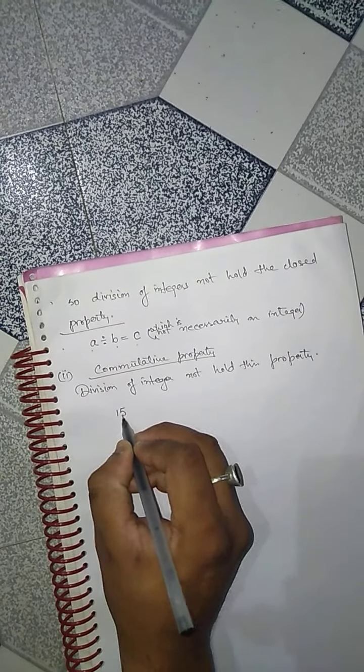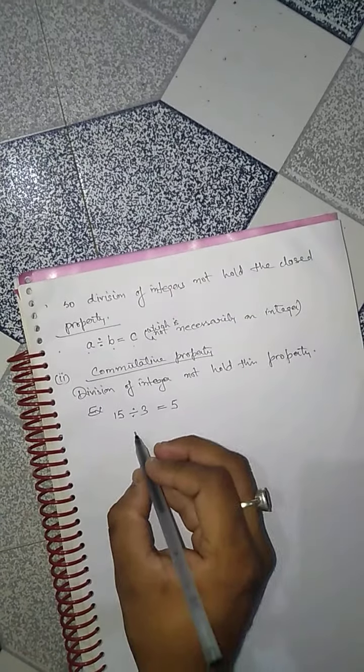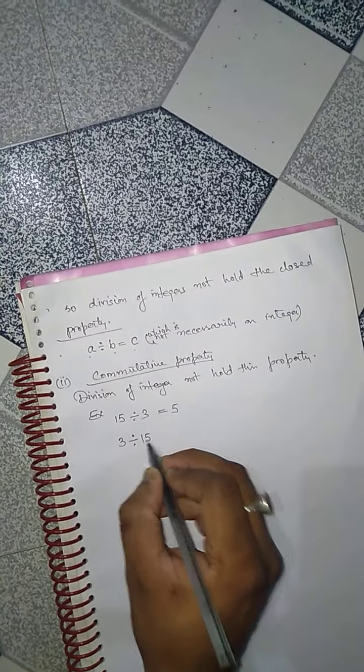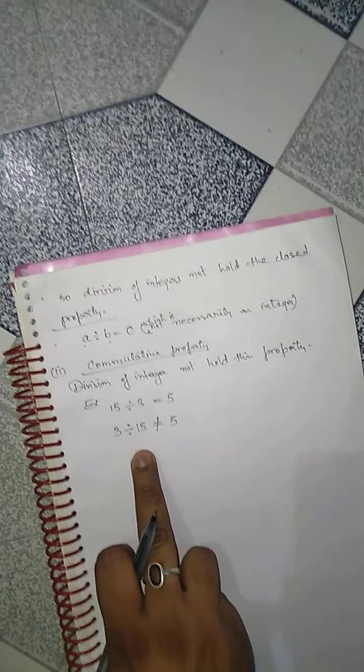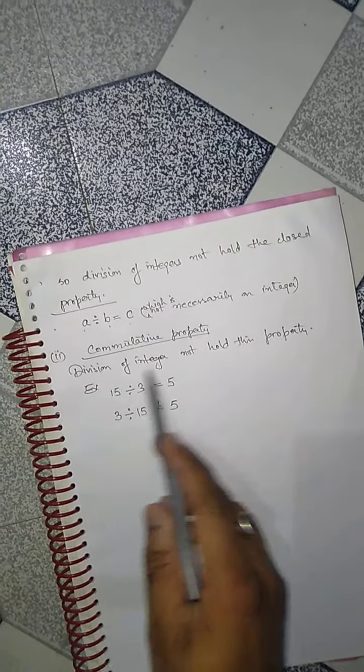For example, if we divide 15 by 3, you get 5 as a quotient. But it is not necessary that if you divide 3 by 15 you get the same answer. Here the quotient is different from 5. So division of integers does not hold the commutative property.